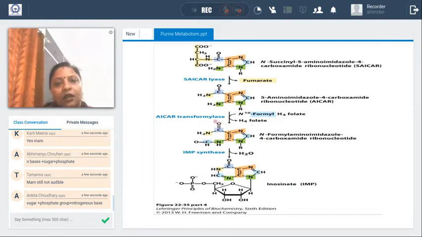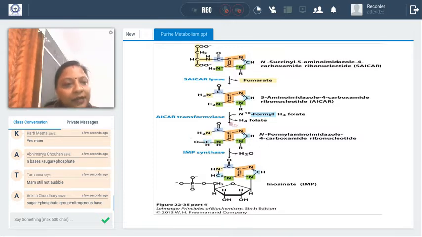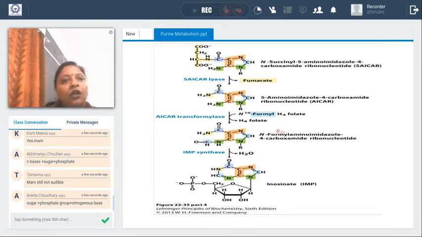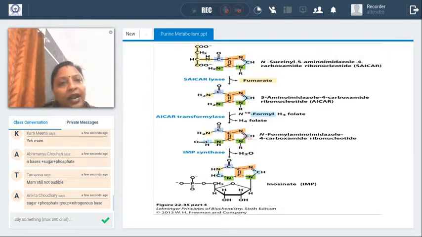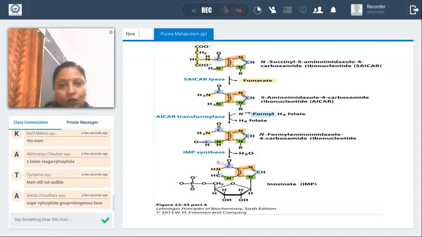This IMP, I am talking about nucleotides. Nucleotides are made up of nucleoside plus phosphate, or we can say sugar, phosphate, and nitrogen base. First, we will talk about adenine. The purine nitrogen base is adenine. From adenine, we get adenosine. Adenosine is a nucleoside, and then AMP.